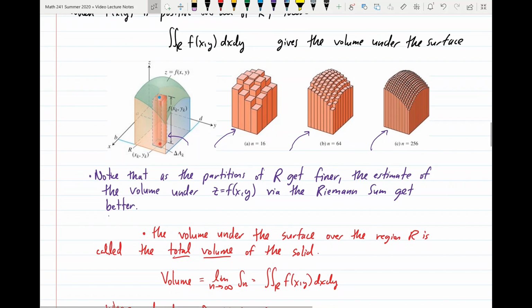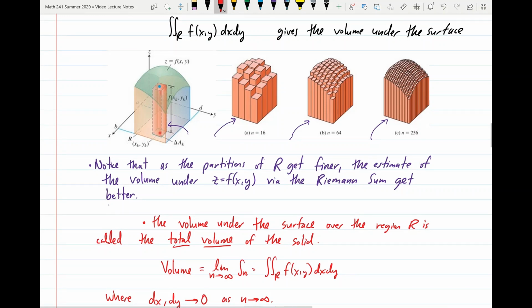And then as we take the limit of those Riemann sums, you can see with the diagrams on the right here, when n gets bigger and bigger, or the number of small rectangles in our partition of R is getting bigger and bigger, the estimate for the volume under the curve is going to be getting better.